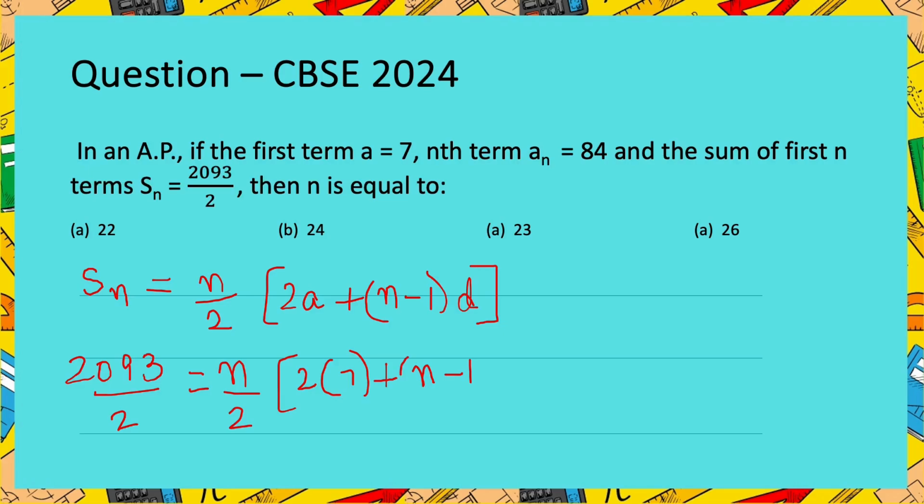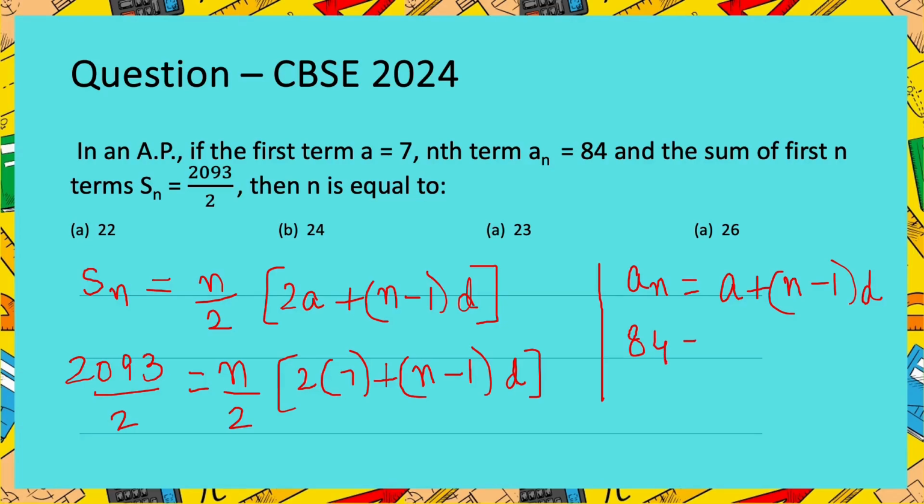In the question, they have also told me that the nth term of this particular AP is 84. Therefore, let me also use the nth term formula here. So, an would be equal to a plus n minus 1 into d. A is given as 7. N and d we do not know, but I know that the an is 84. So, let's replace an with 84.